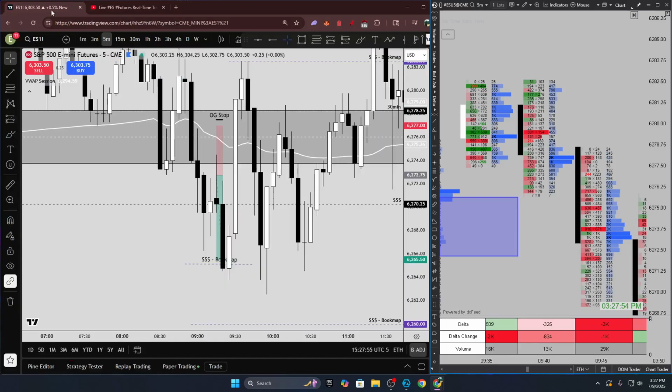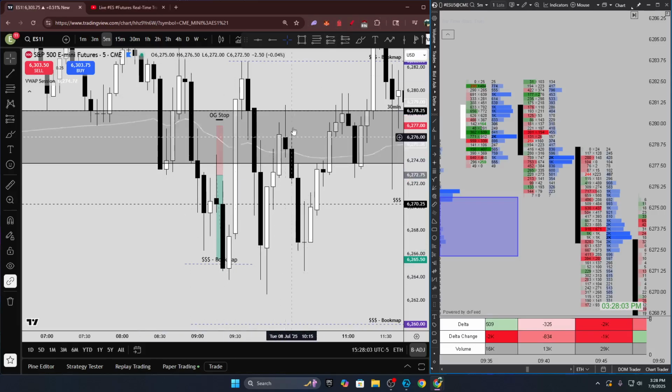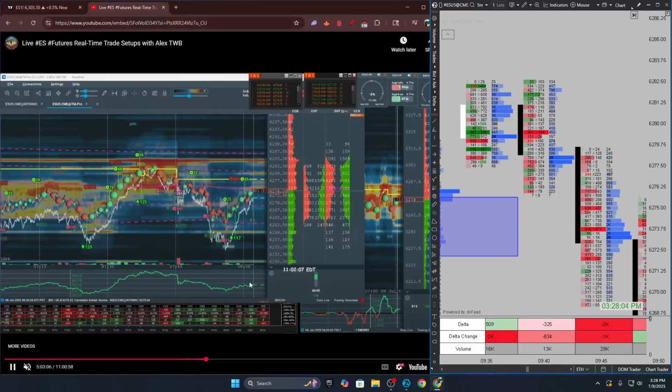Now it's 10. And as you notice there again at 10, what we saw happen was that it came down to this Bookmap level relative area, started pumping again. Right around that 6285 area.